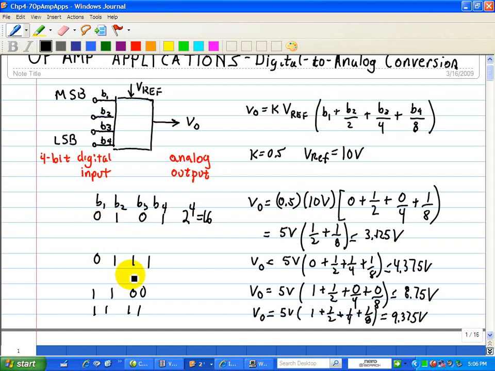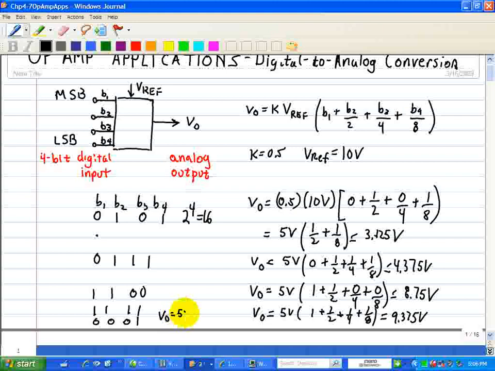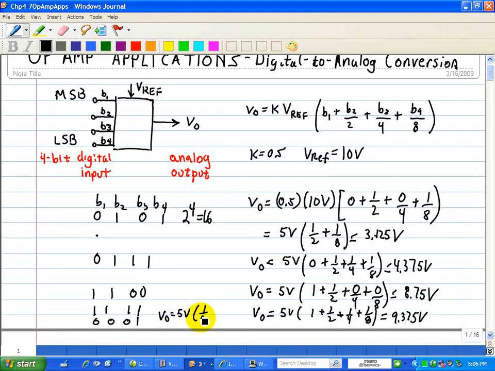In other words, 0.625 can be derived for 1 bit when we have 0001, which is just basically VO of 5 volts times 1/8, or 0.625 volts. So we can think of the resolution as the voltage increment between adjacent output levels. And that's what we mean by the resolution of a DAC for this example.